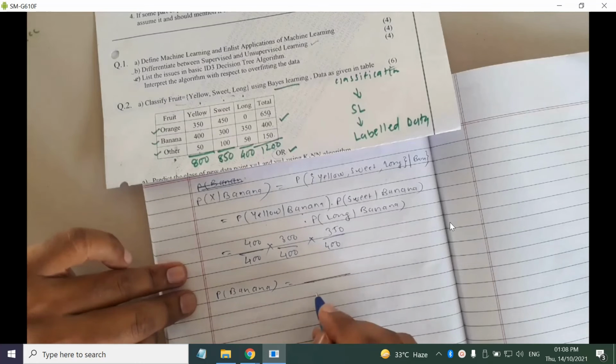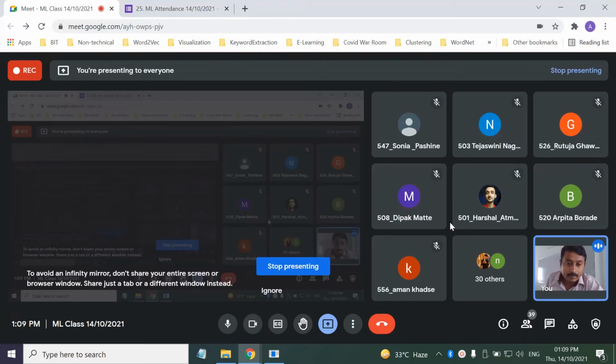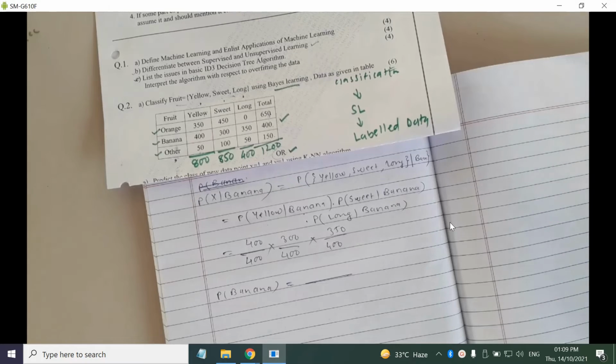Somebody will tell me this value. Aman, are you there? Aman Kadse. Yes, okay. What will be the value of probability of banana?